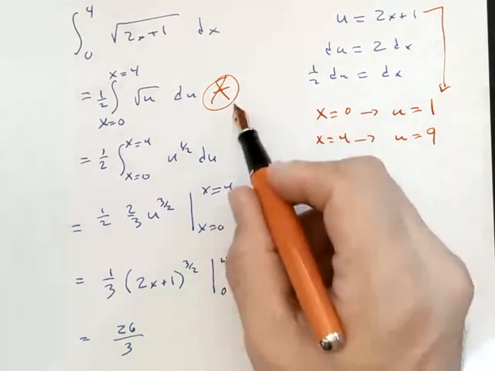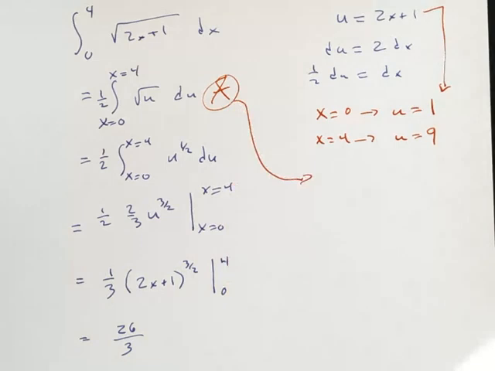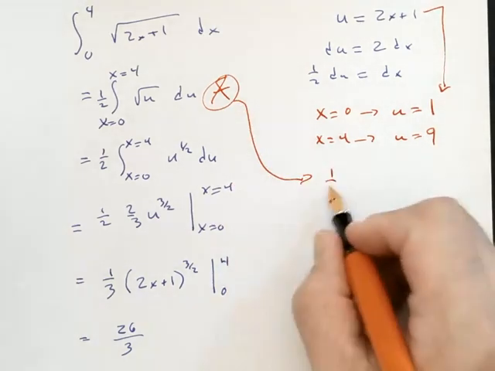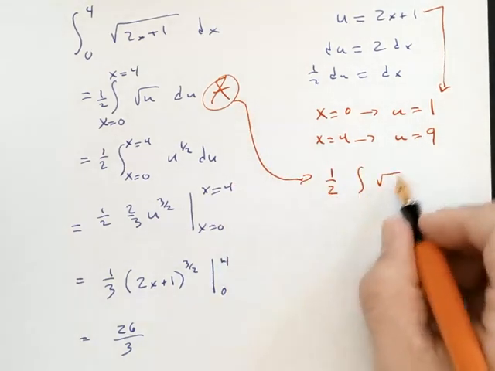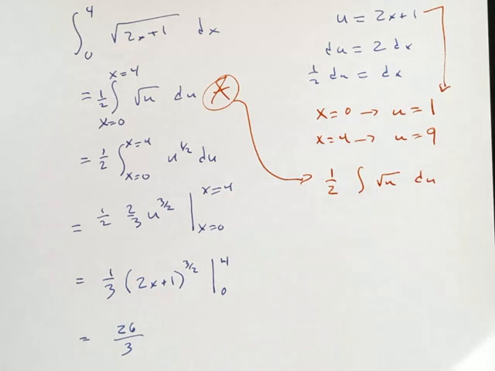Oh, so what if I take this line and write 1/2 the integral square root u du, but instead of using 0 and 4, I use 1 and 9.